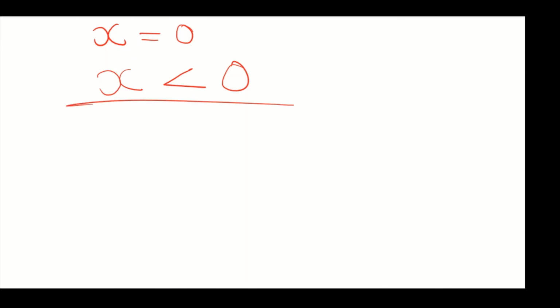So since the x value of the point of inflection is equal to 0, to define concave down, it's x less than 0. Any value that is less than 0 will define the concavity of the function to be down. So it's going to be concave down.